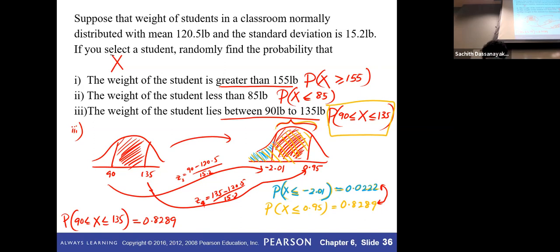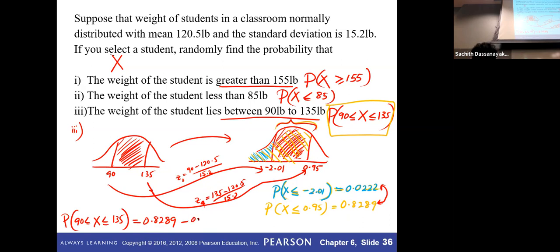Okay, so don't subtract these two the other way. If you do that, you will get a negative value. It's not the case here. So you have to subtract the minimum value from the largest value.